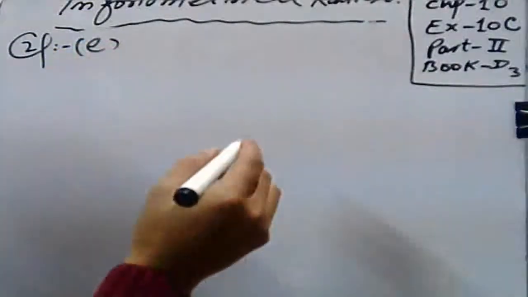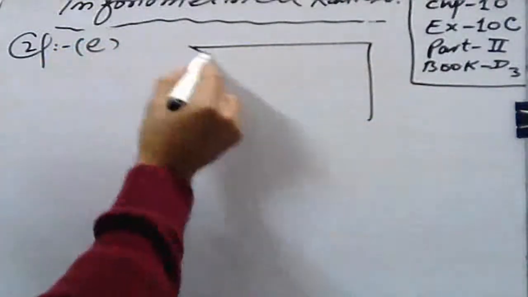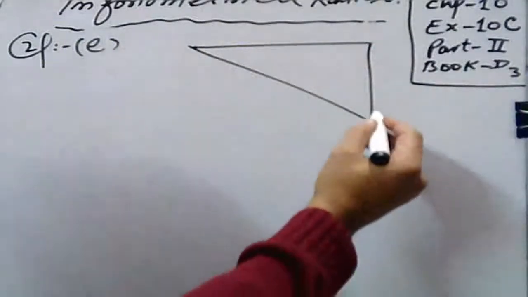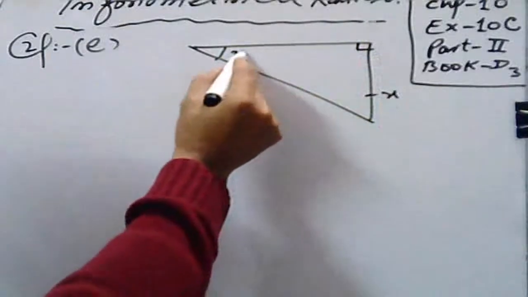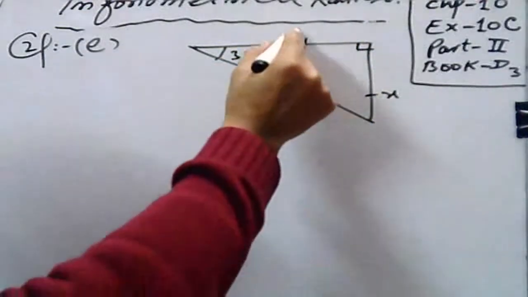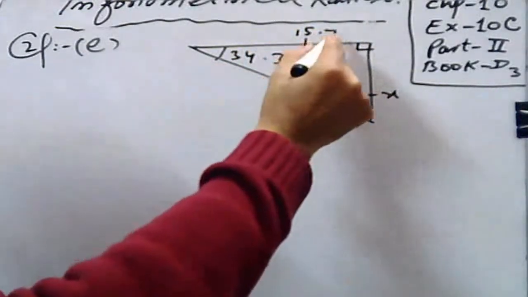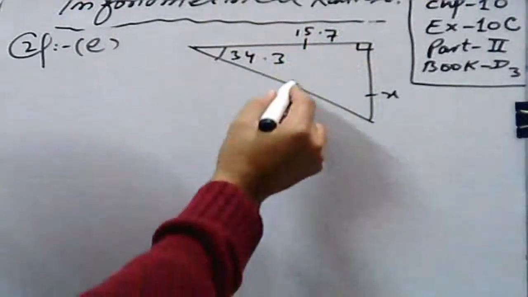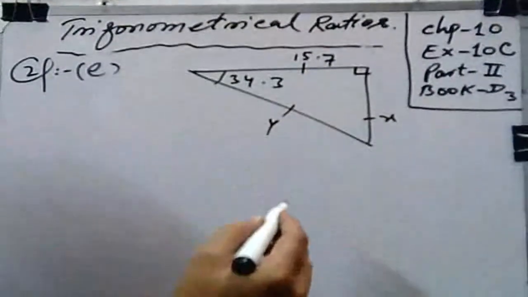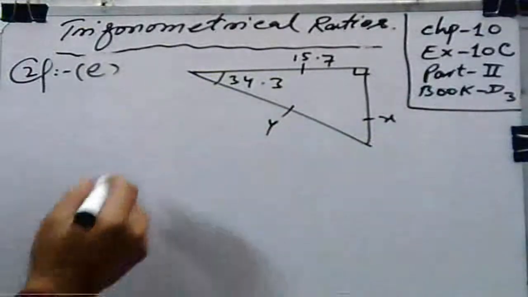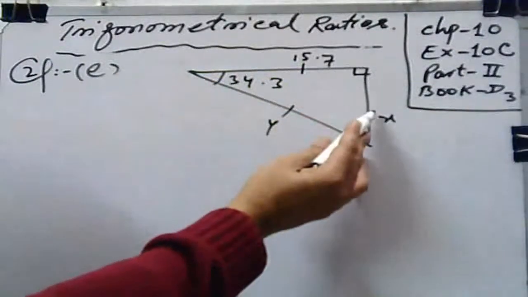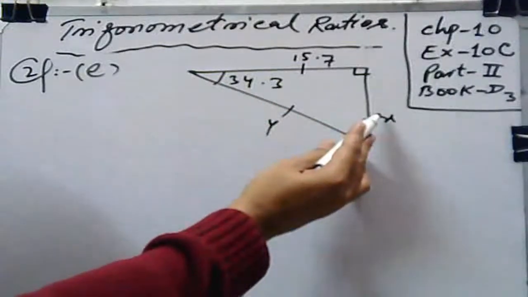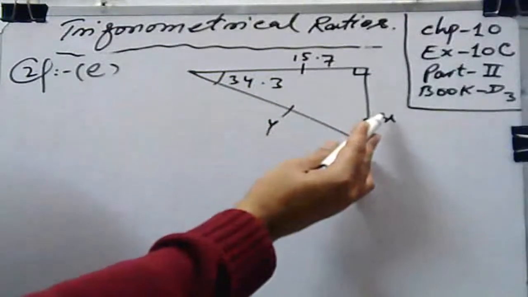Now coming to the E part. In E you can see the drawing like this. Here is your x, that is your 90, that is your 34.3, 15.7, and this side is your y.